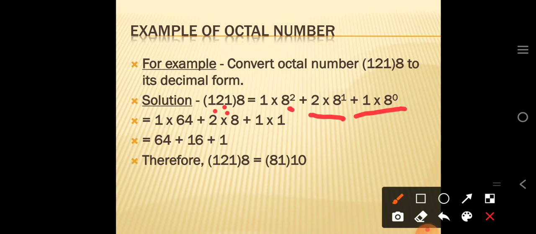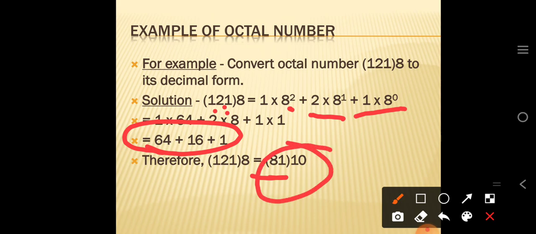So it equals 64 plus 16 plus 1. When we add all this, we get 81. So the resulting conversion is 81, and this is a decimal number, having the base 10. So this is the example of an octal number.